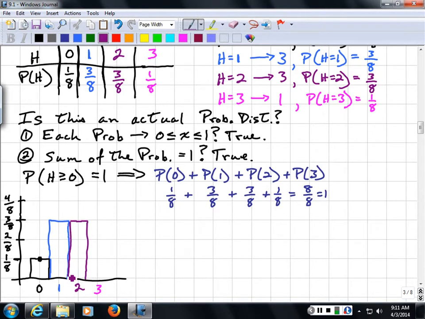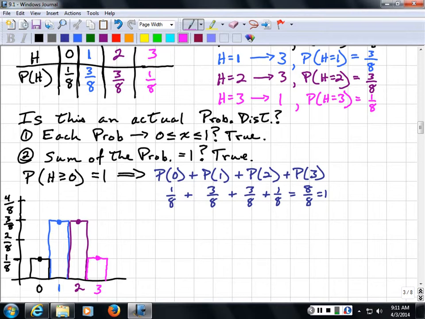I don't necessarily have to draw both of these lines here, because if I did it on a computer, there would be no actual delineation. And I forgot to put a point here and a point here, because I can actually draw the frequency polygon from that. And then the last one is going to go up to 1/8, just like the first one, and there we go. That is my frequency distribution histogram.